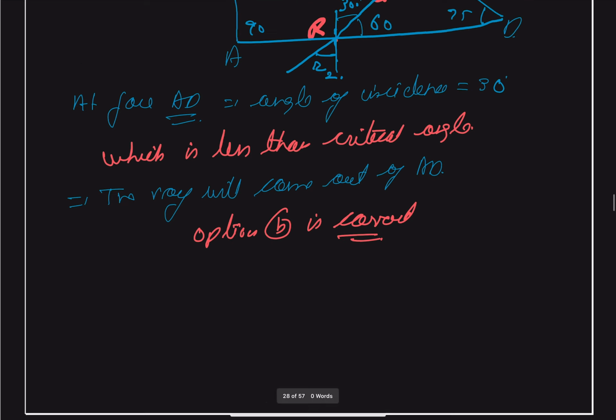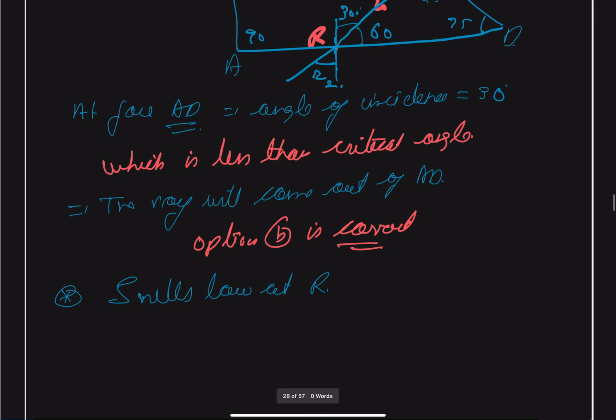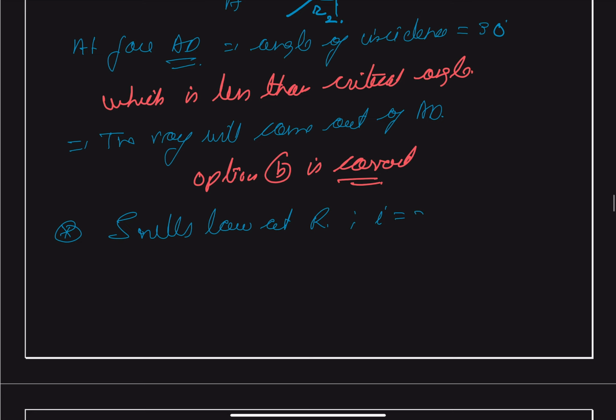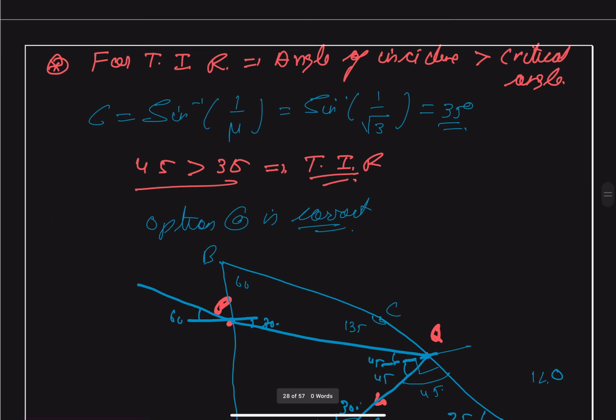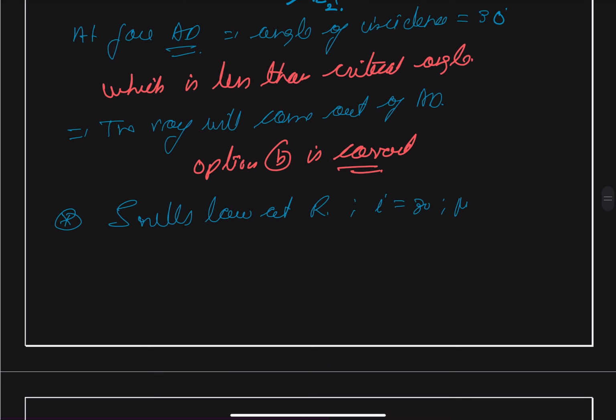So we can apply Snell's law at R. The incident angle is I, which is 30, and here the refractive index, which we took as mu2, is square root of 3, and mu1 is 1.